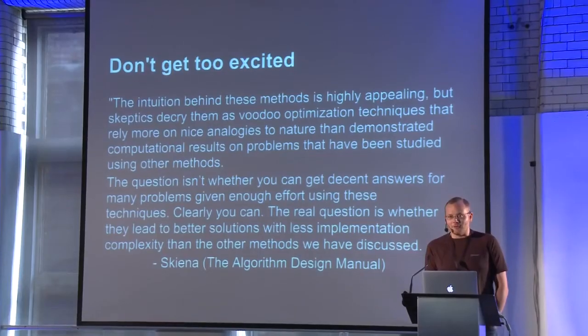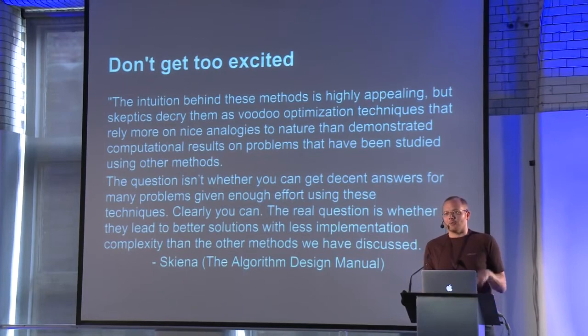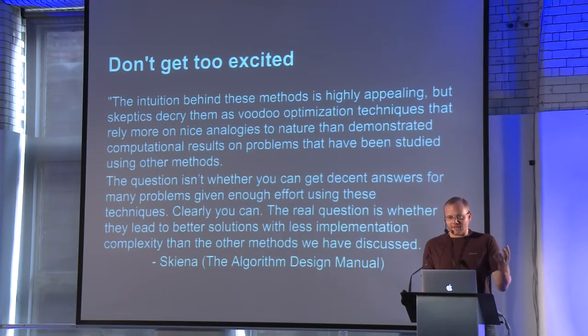So they're not a magic bullet. Skiena, in The Algorithm Design Manual, calls it a sort of voodoo optimization technique, and he's a little bit disparaging of it. So it's definitely not the case that genetic algorithms are the answer to all problems. But I think they're a very interesting way of solving some problems.